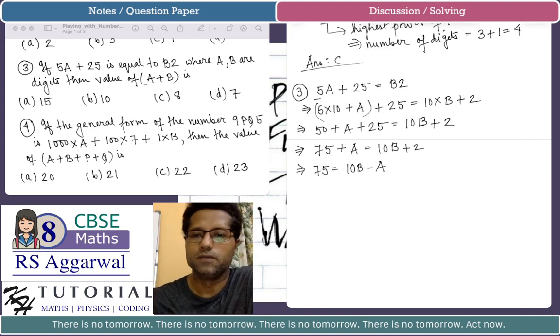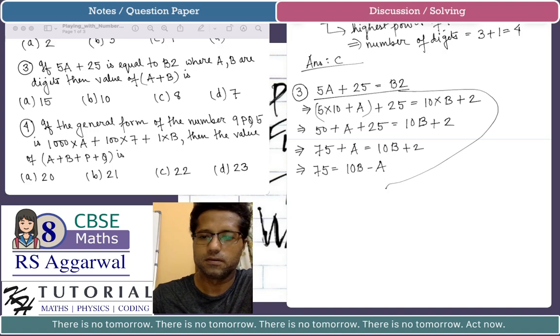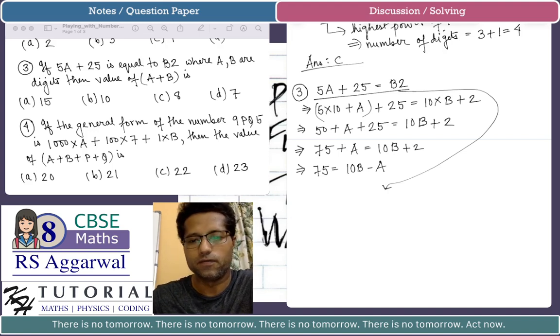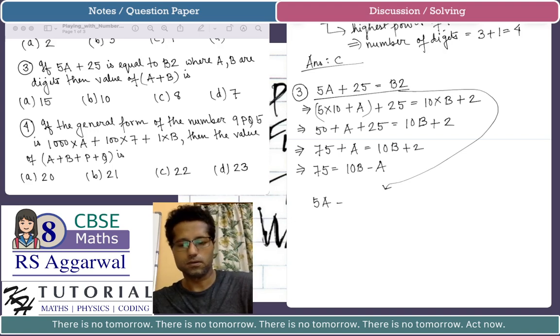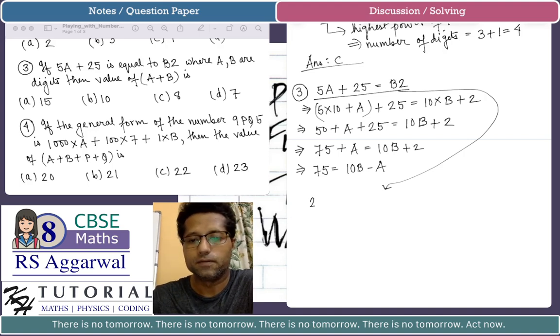From this given equation, we can say that 25 is equal to B2 minus 5A.